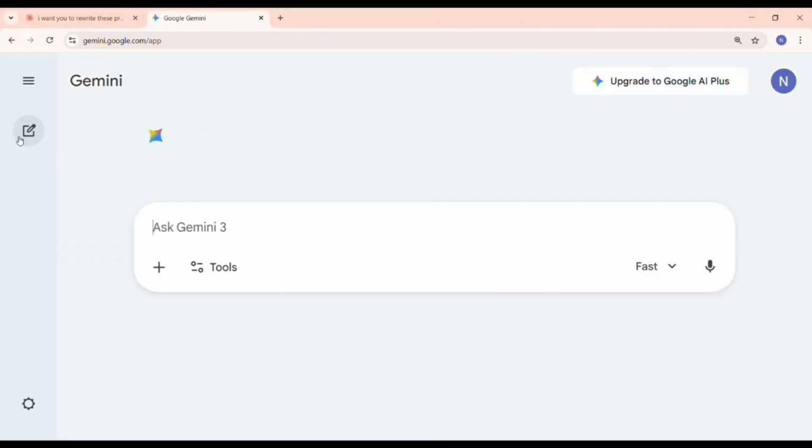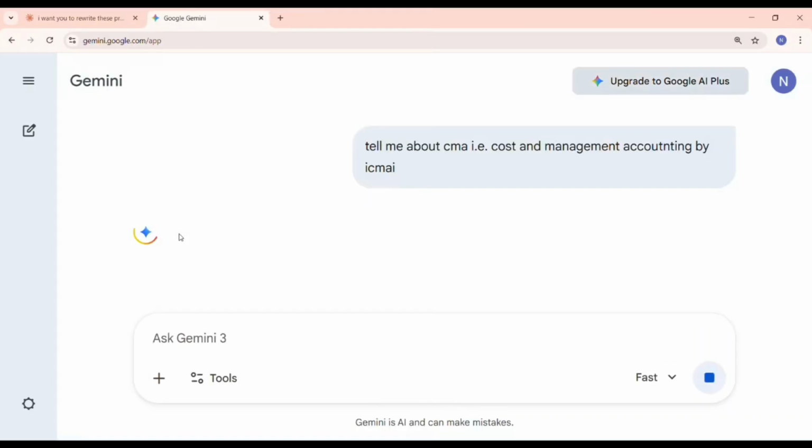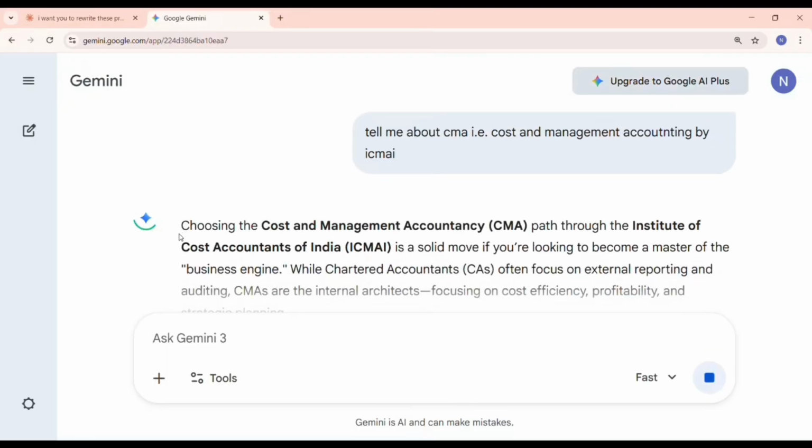Let's ask it with a simple prompt. Tell me about CMA, that is cost and management accounting.